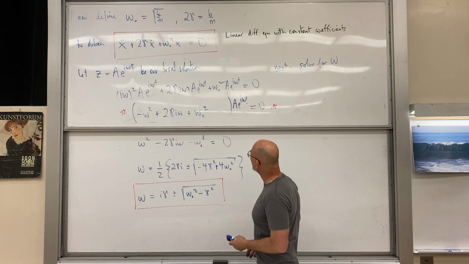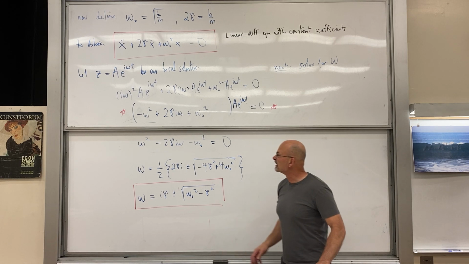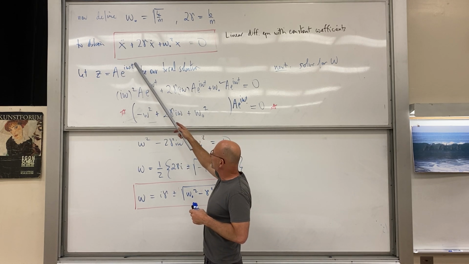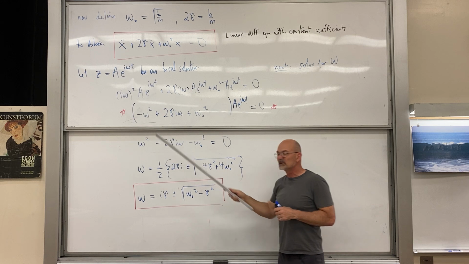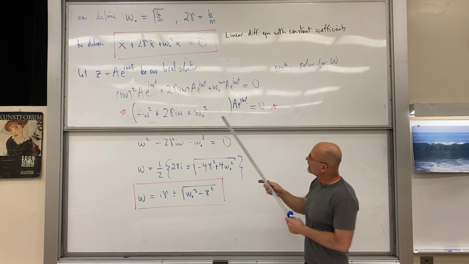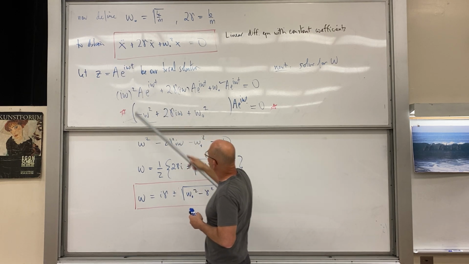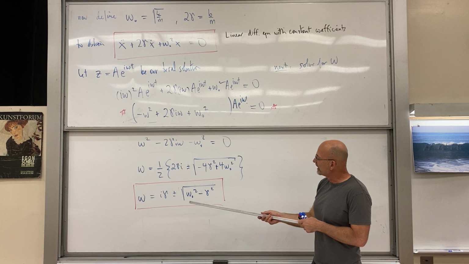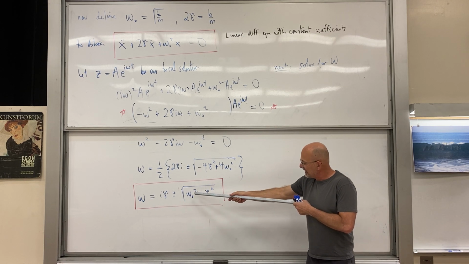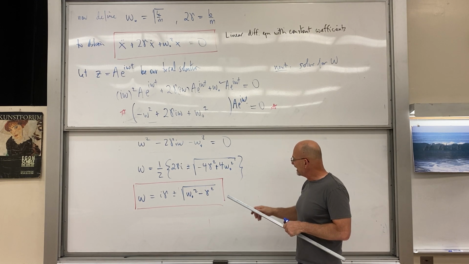Let's go ahead and use this one, because the very general solution is just an exponential, and whether it's real or complex actually comes out in the mix, okay? But this is fine.